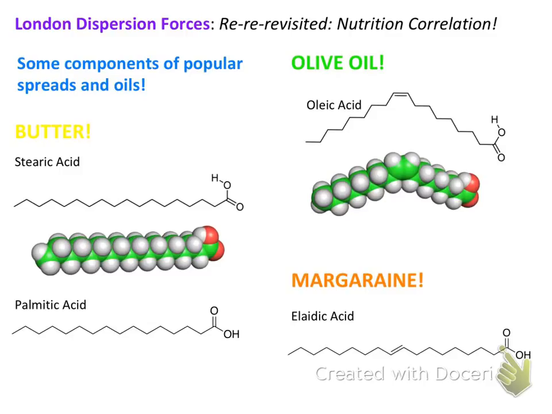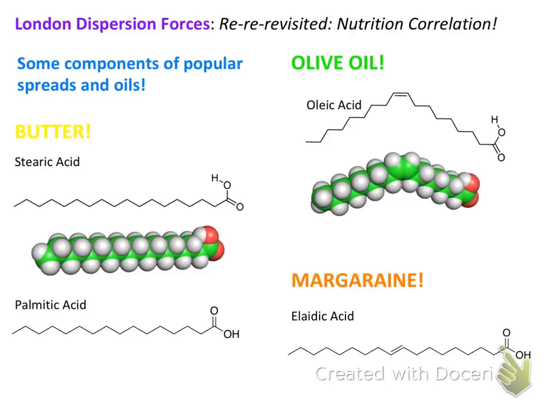Butter has a decent amount of stearic acid or palmitic acid, and it should be noted that when you find them in actual olive oil and butter, they're generally grouped together in what are called triglycerides. But let's just look at these individual units of fatty acids. And let's consider what we know about the properties of butter, olive oil, and margarine. Which one tends to be a solid at room temperature versus a liquid at room temperature versus a kind of whatever margarine is at room temperature?